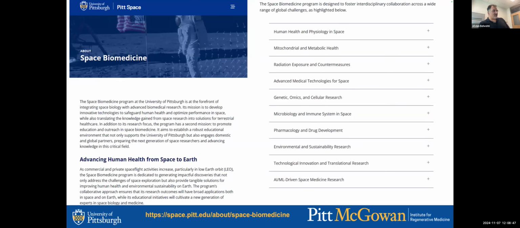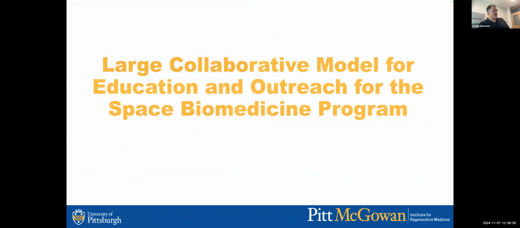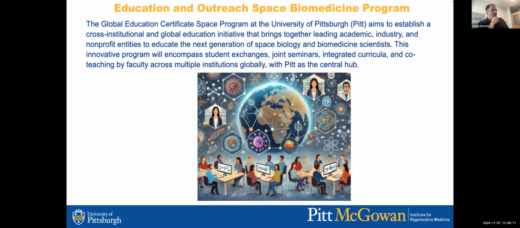So if people want to collaborate with me here at Pitt, we have a lot of faculty interested in working on space biomedicine. That's another avenue where you could partner with us at the University of Pittsburgh to work on space-related questions. And one other thing that people, even people at ImmPort and at NIAID, might want to collaborate with me on is an education outreach program that I want to do. The goal is a global education certificate and eventually a space biomedicine degree program, where Pitt's the hub.